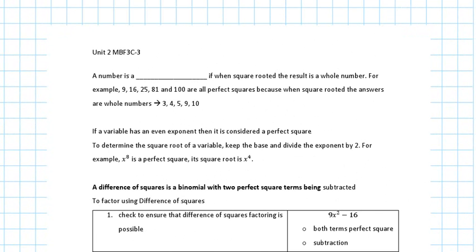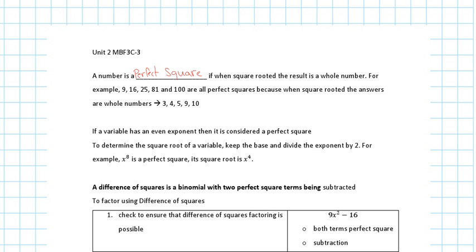So a number is called a perfect square if, when square rooted, the result is a whole number, an integer.